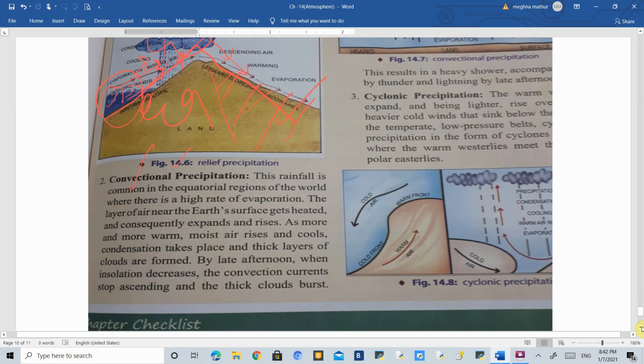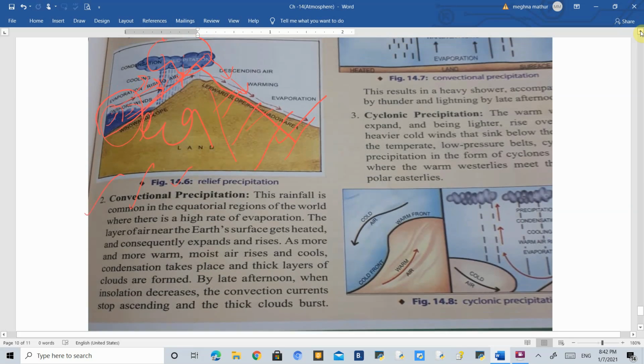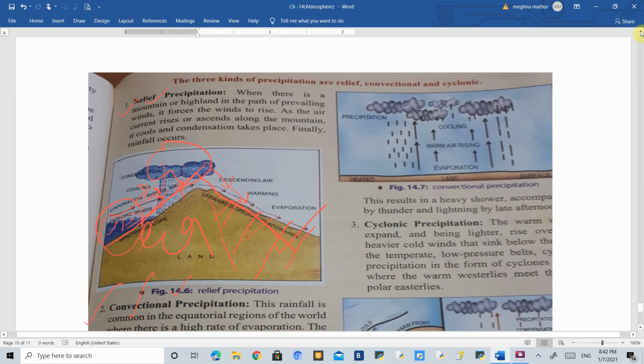Second is convectional precipitation. Convectional precipitation generally happens in the equatorial region. In the equatorial region you can see a change in pressure conditions. You can see in diagram 14.7 that this is land area and it is heated up. Because the land is heated, the air will also become hot.